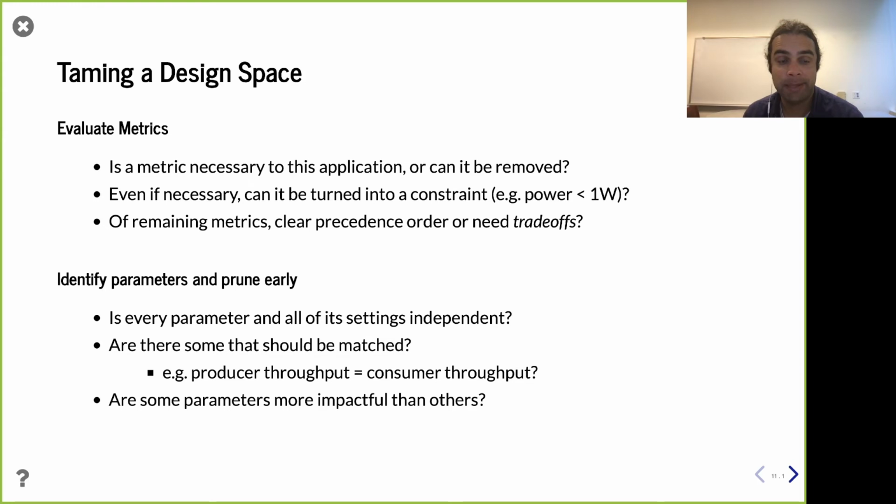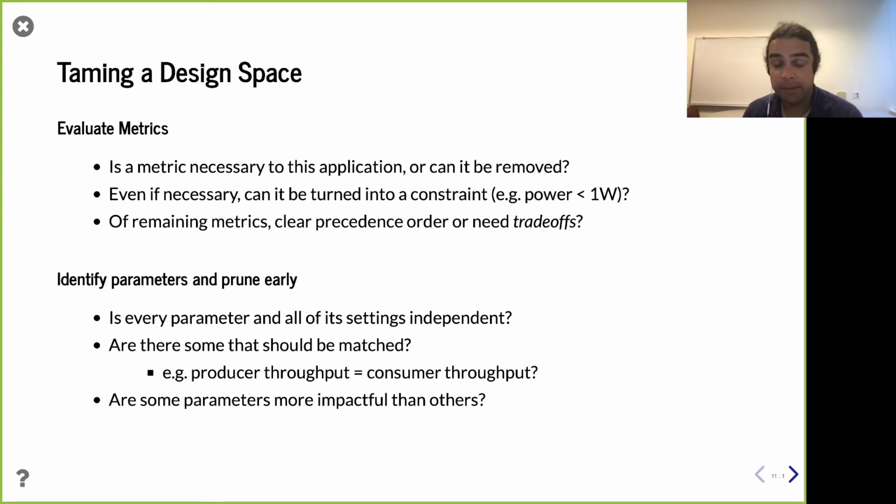For example, maybe for your application, power doesn't matter as long as you're under a watt. So if it takes 0.99 watts or 0.7 watts, that doesn't give any benefit for your system, but it needs to be below 1 watt. That's the important constraint. So you can turn this metric into a constraint, which makes it much easier to optimize, because you have fewer metrics to optimize.